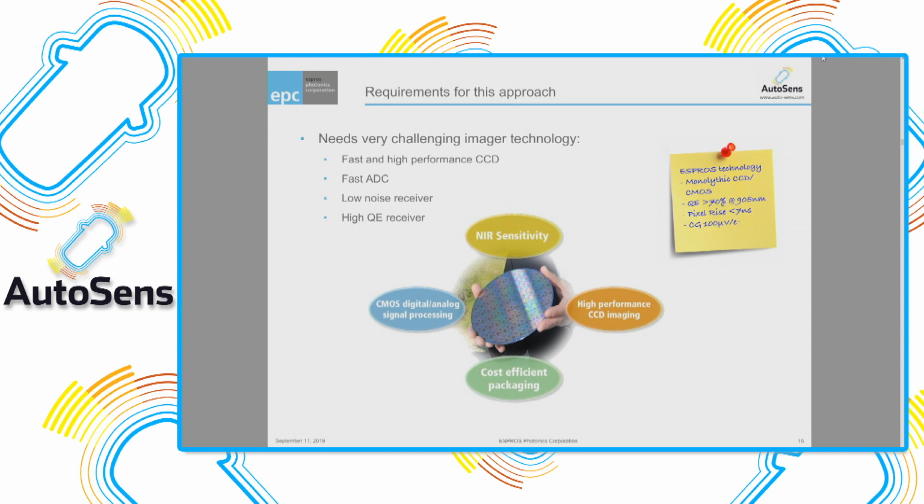Some parameters here. It's a monolithic CMOS CCD, which is a candidate for very low cost implementation. It provides a quantum efficiency of more than 70% at 905 nanometers. So very high quantum efficiency, not much loss in the conversion from photons to electrons. You need fast pixels.